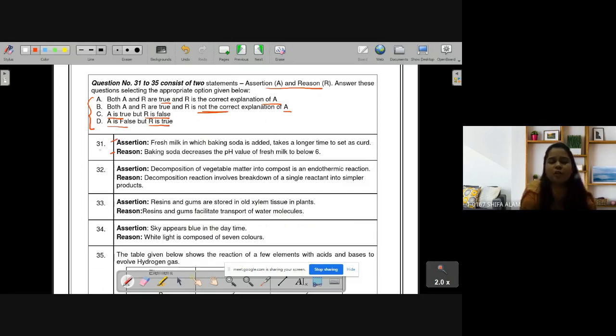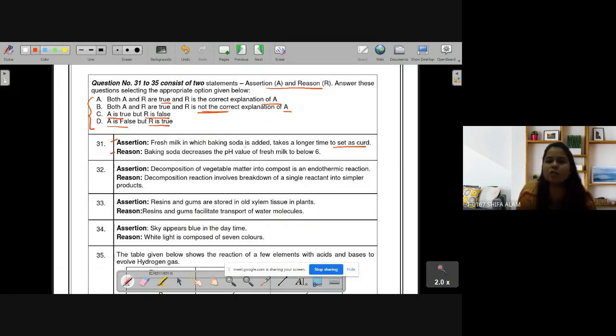So the first question, number 31, says, fresh milk in which baking soda is added takes a longer time to set as curd. So we need to think whether this particular statement is correct or not. Now, when fresh milk changes to curd, the pH level goes down.